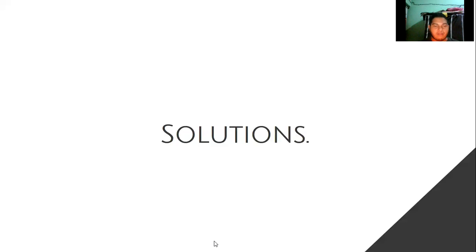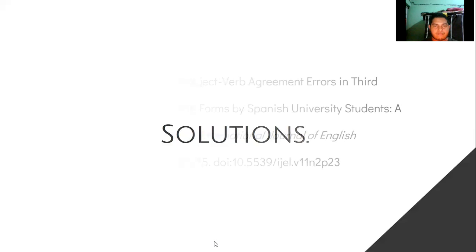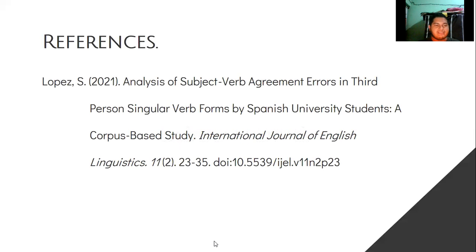This is the best solution for this problem. You need to practice every little bit of time that you have to improve this problem with subject-verb agreement.